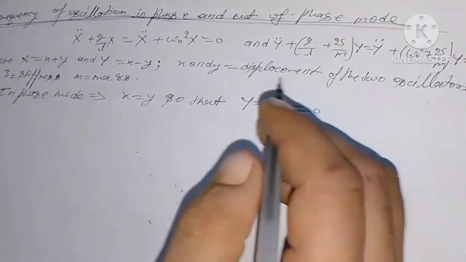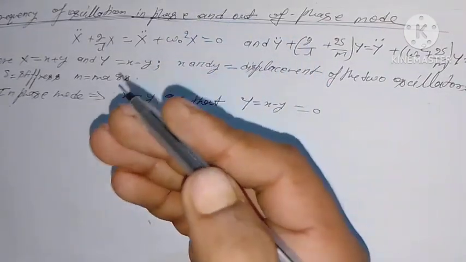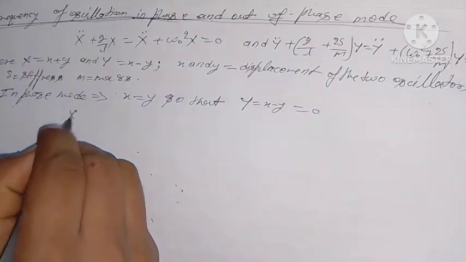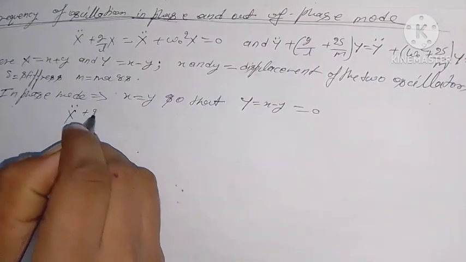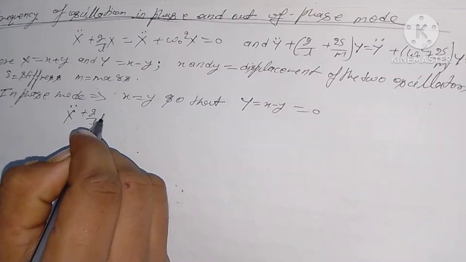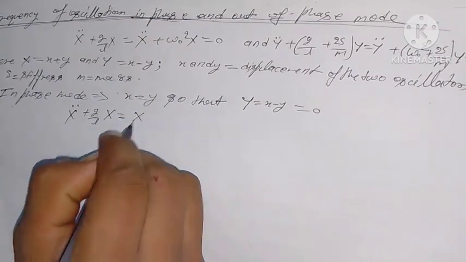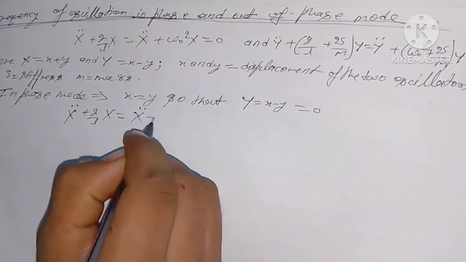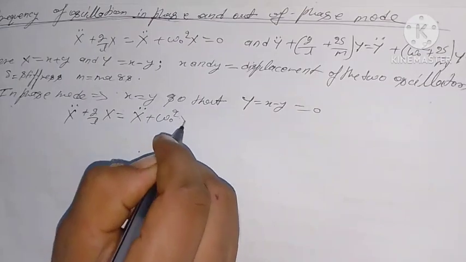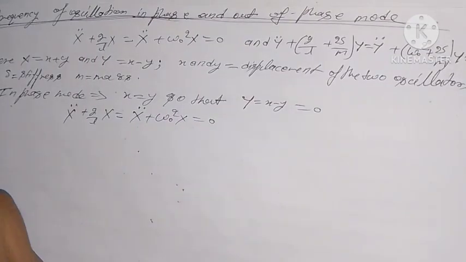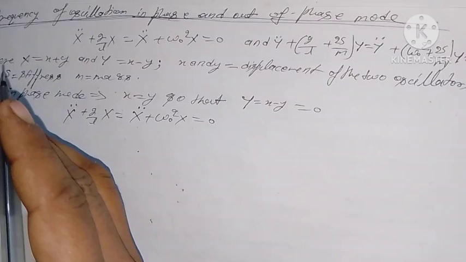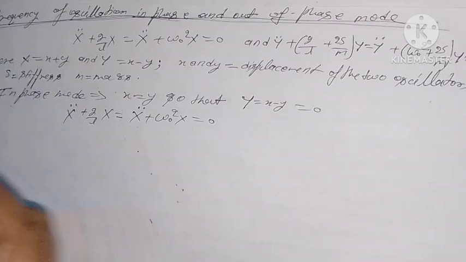In such a case, the motion is completely represented by the equation d²X/dt² plus g by L into capital X equals d²X/dt² plus omega naught square capital X equals 0.